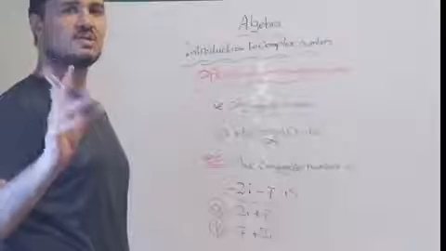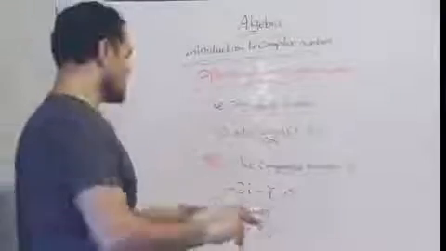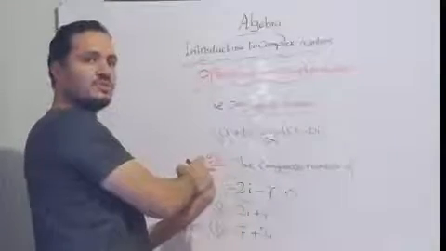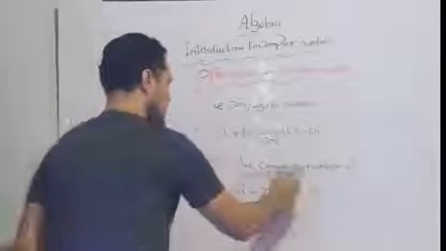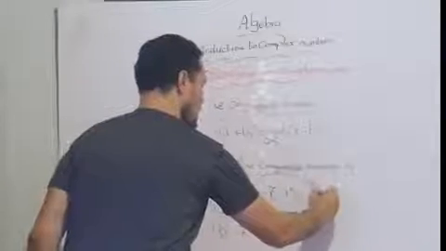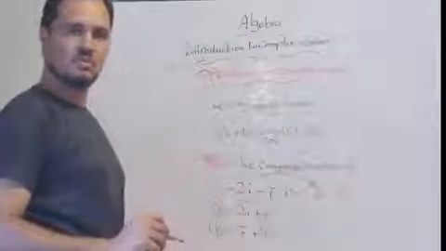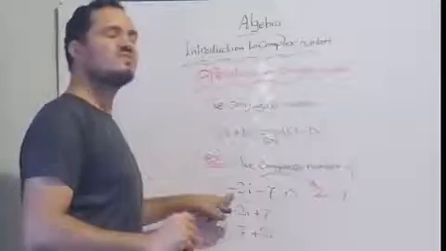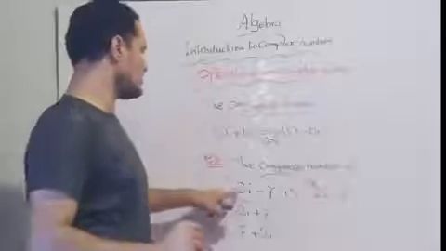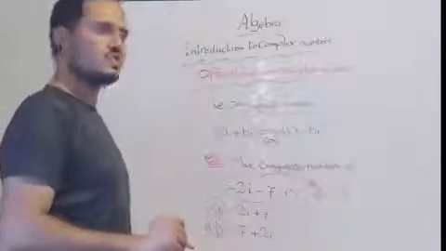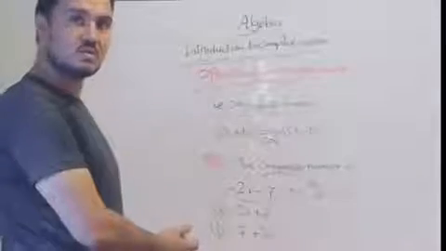The conjugate of a complex number is focusing on the sign of the imaginary part. So let's change the imaginary part sign. Okay, it's 2i minus 7. So you change the sign of the imaginary part from negative 2 to positive 2. So the result will be 2i minus 7.